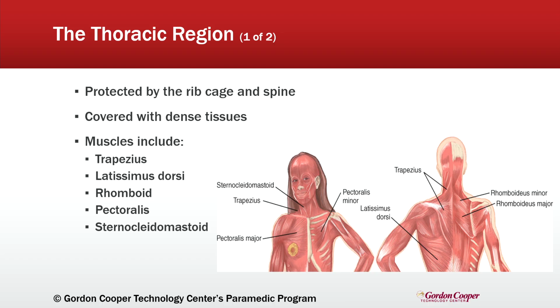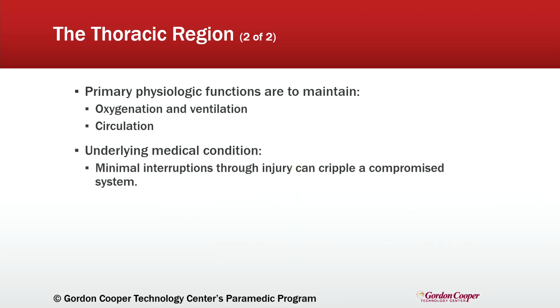These are all key muscles in the thoracic region: the trapezius, the lats, the rhomboids, the pecs, the sternocleidomastoids. Those are all within this thoracic region, and they all have something to do with the purpose of the thoracic cavity.